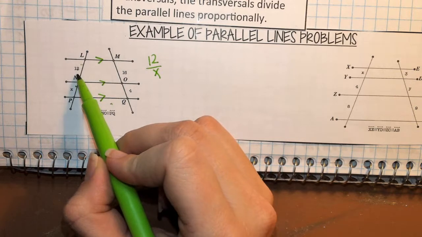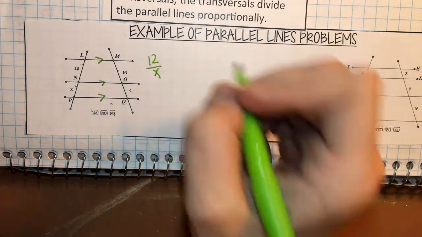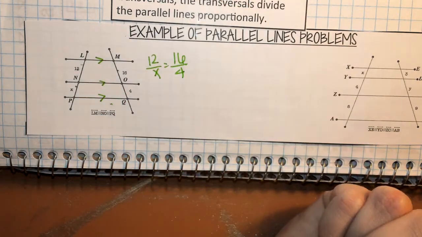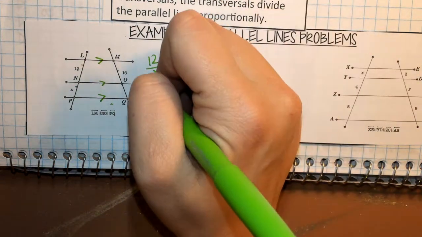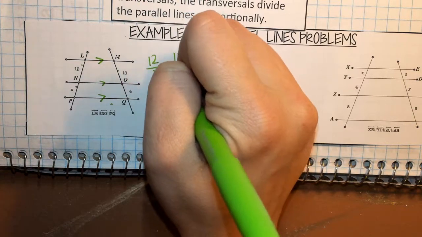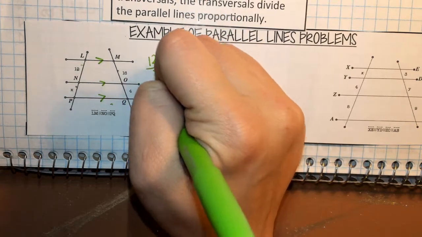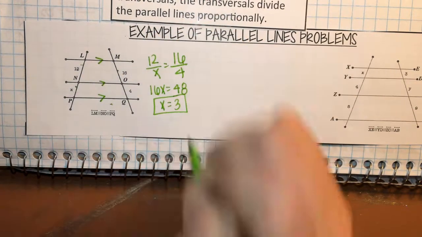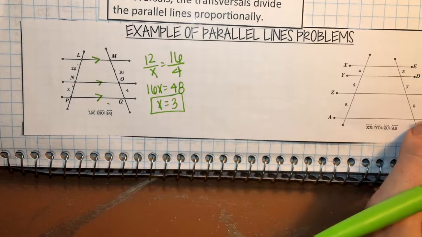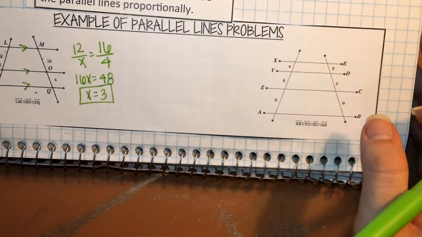Now if I start with 12 here, what am I going to start with here on the right? 16. And then what do I do? I cross multiply. Dun, dun, dun, dun. Hope you guys are having a great Friday.